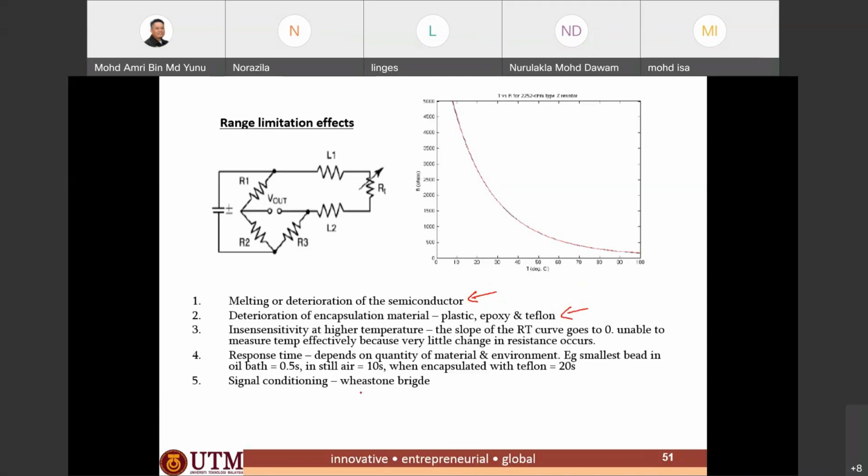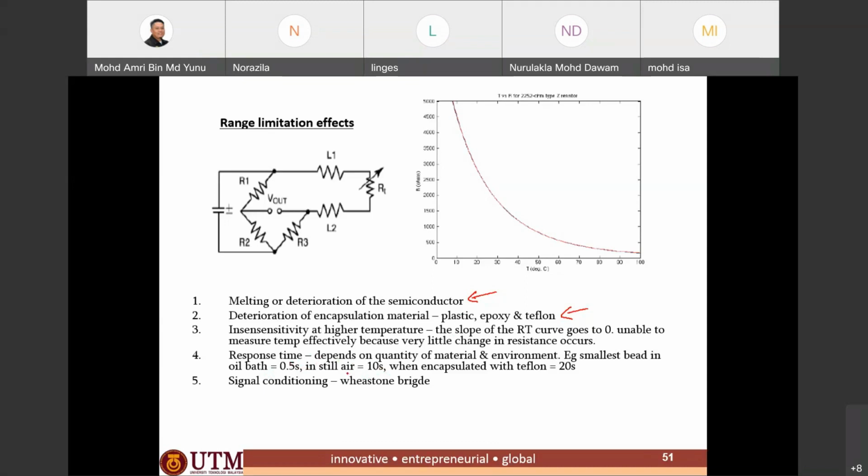And then the response time depends on the material. Different materials will determine the response time. For example, if it is immersed in liquid, the response time will be faster because the thermal transfer is much faster in liquid.